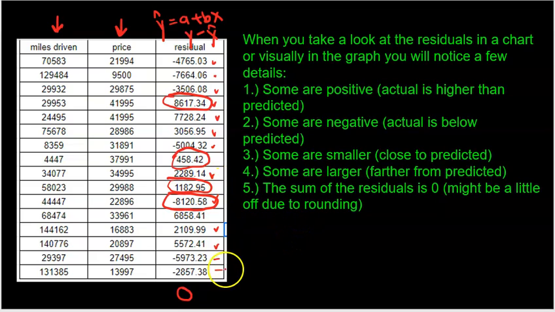The reason you don't get exactly 0 is because all these numbers are rounded a little bit. With all that slight rounding together, you're not going to get exactly 0. But theoretically, all of your residuals, if found perfectly, should add up to 0, because of the balance between positive and negative and large and small.